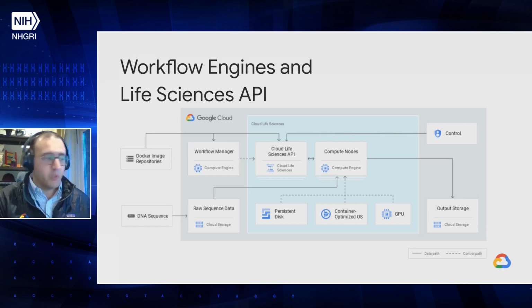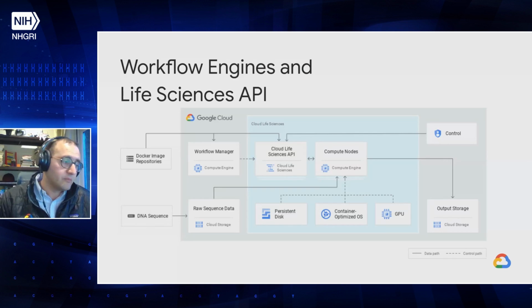And then you push the data out to Google Cloud Storage through some of the existing tools that we have. And then you have a workflow manager. It's simply a single machine that has your workflow manager. Once you submit the pipeline, it starts spinning up the resources you need, from the virtual machines, persistent disks, pulls the images from our container registry, and then once it's done, everything ramps down.